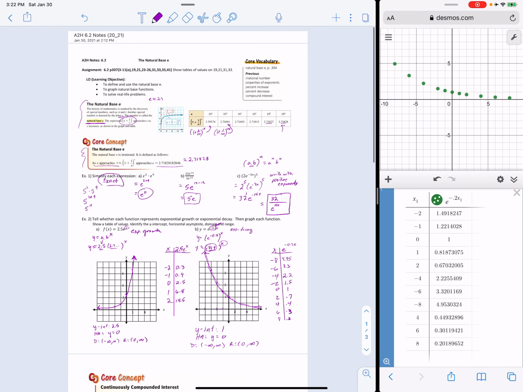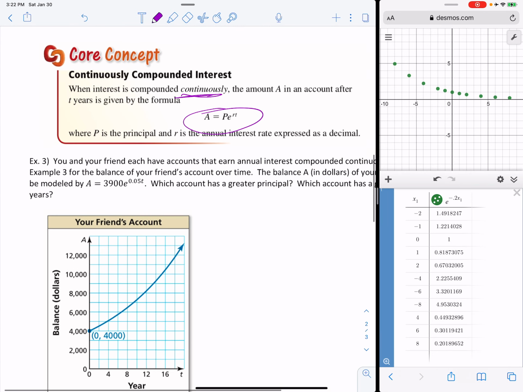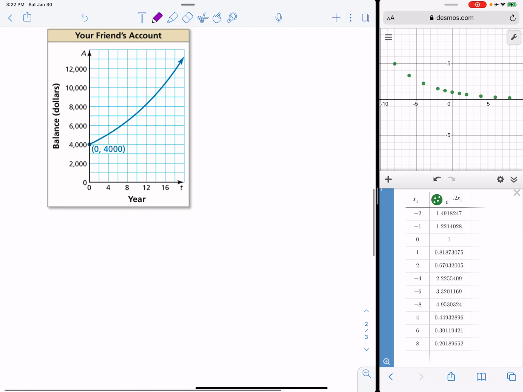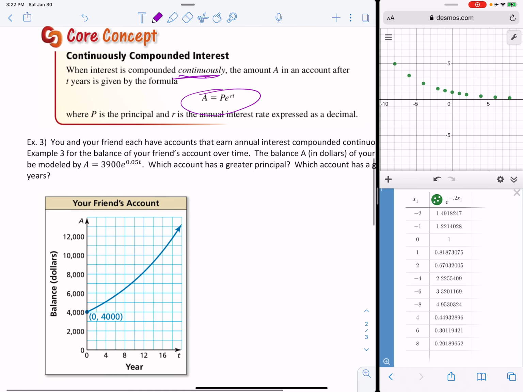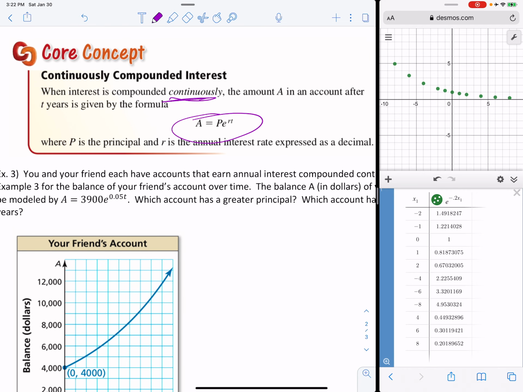It's related back to this definition right here. That's 1 plus some rate over n, and as that n raised to the n gets larger and larger, that value approaches e. So the more times I compound it, basically that has the effect of that value going to infinity and that value going to e. So here we have A is equal to P e to the rt, where r is your rate and t is your time.